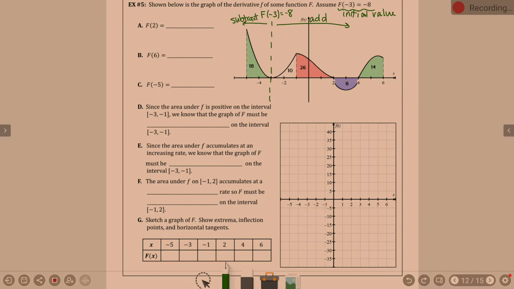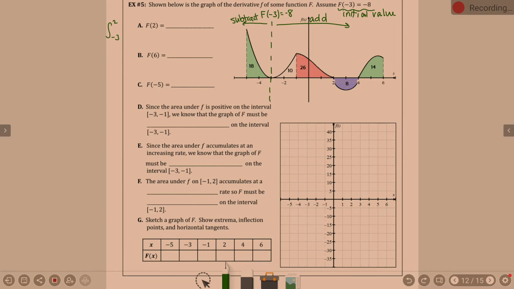Now, with that in mind, when we say f of 2, there's a way my brain is saying, okay, we're going from -3 to 2 here. When it says f of 2, I don't have a function right here, do I? So it's saying, okay, you're basically finding the area from -3 to 2, but what is our starting value?